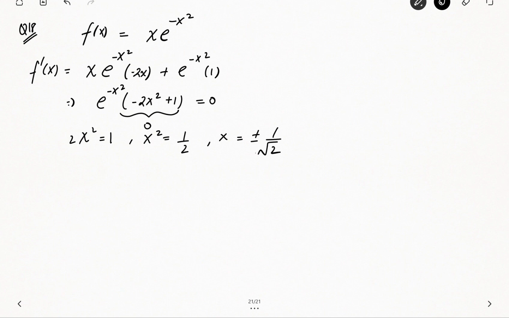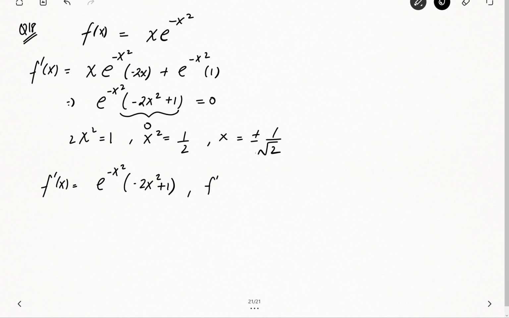Let me just write it nicely so we can have a good idea of what's happening. The derivative function that I figured out was e to the negative x squared times negative 2x squared plus 1. So the double derivative will again be a product rule.